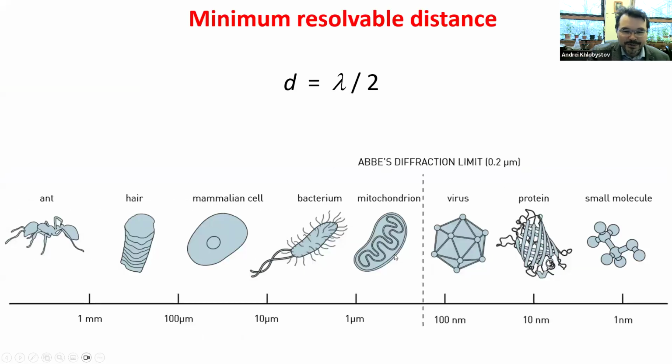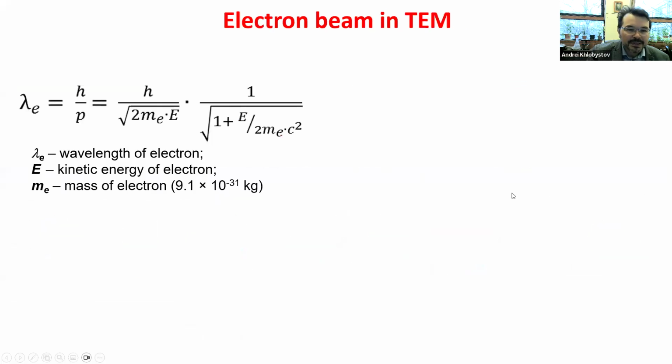Of course, you already know that it's very difficult, even impossible, to do this using just visible light because of the diffraction limit. We can't really go down to molecular size here. So we need an alternative source of radiation, and that's what the electron beam allows us to do in transmission electron microscopy. You're probably familiar with this formula.